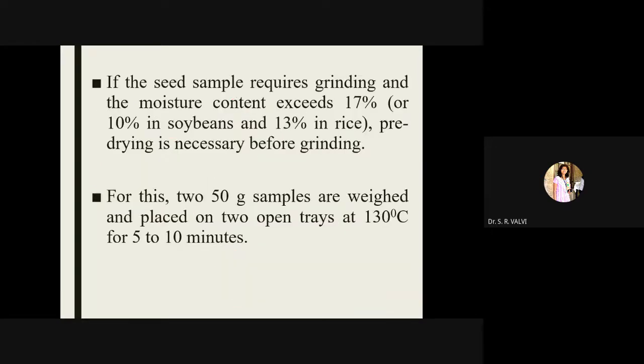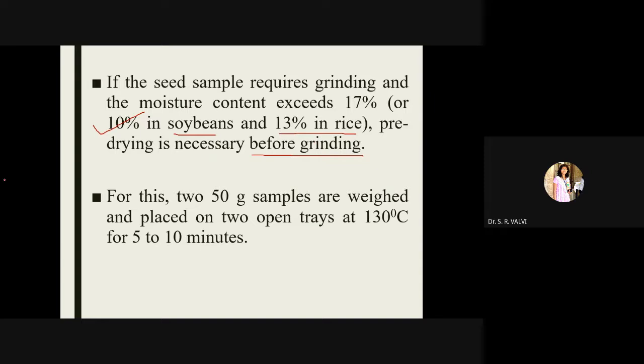If the seed sample requires grinding and the moisture content exceeds 17%, pre-drying is necessary before grinding, right? So here it is explained, the moisture content exceeds 17%, right? For example, 10% moisture is present in soybean, 13% moisture is present in rice.